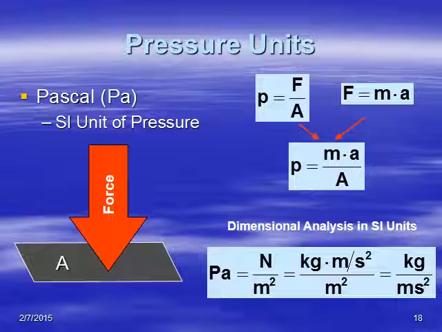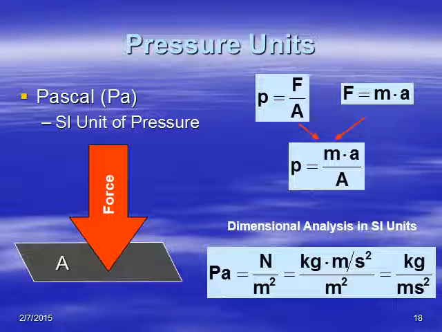And here's the most basic SI units, how we come up with pascals for pressure. If you think of pressure as a force per unit area and force is a mass times acceleration, then pressure is a mass times acceleration divided by area. It's a force per unit area.